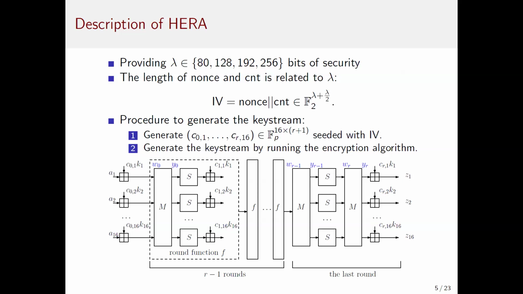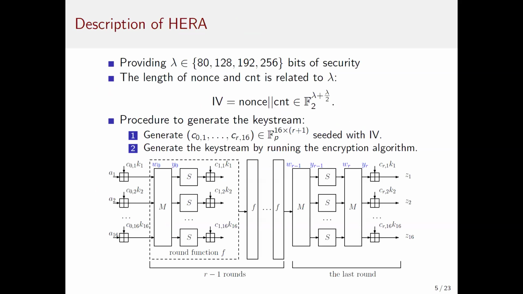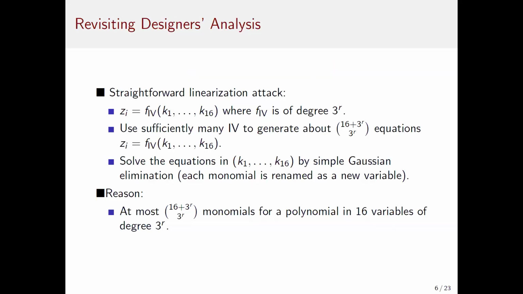Hila provides 4 different security levels. And as already said, after getting these constants Cij, we can run the encryption algorithm and get the key stream word.